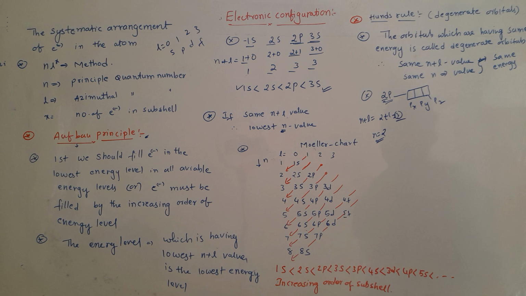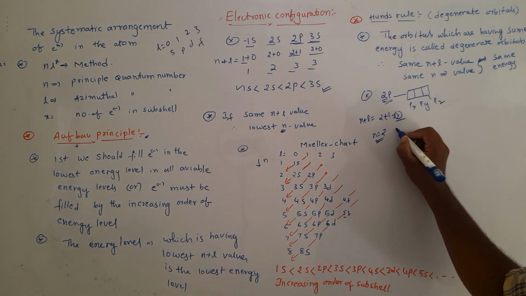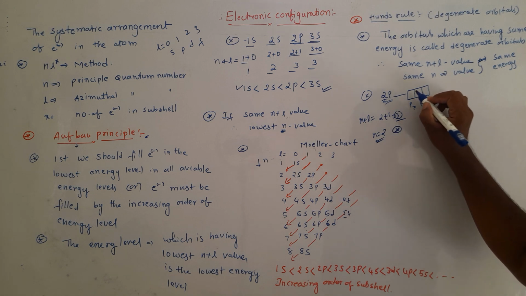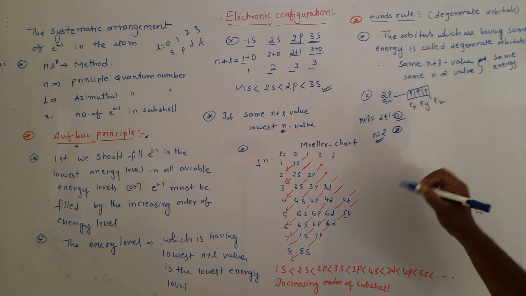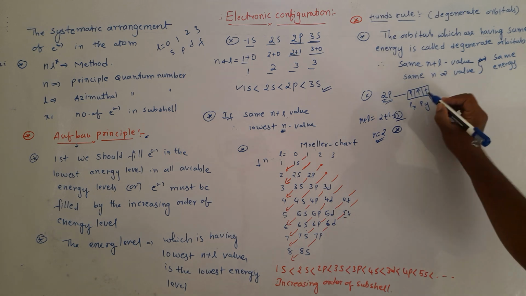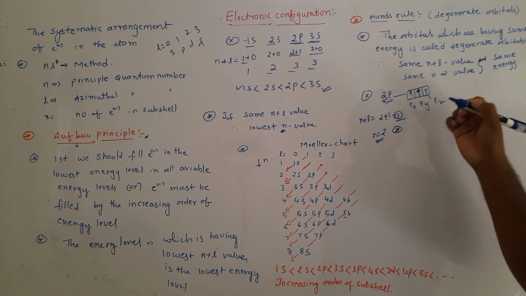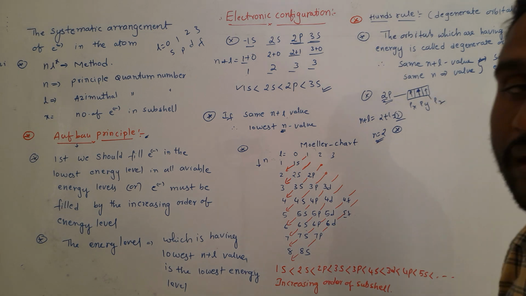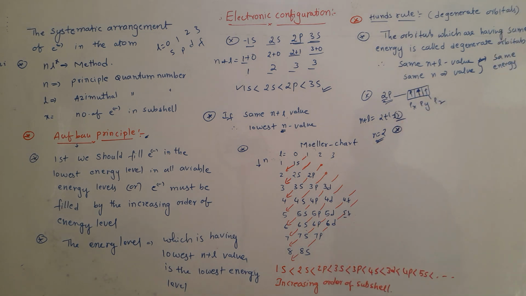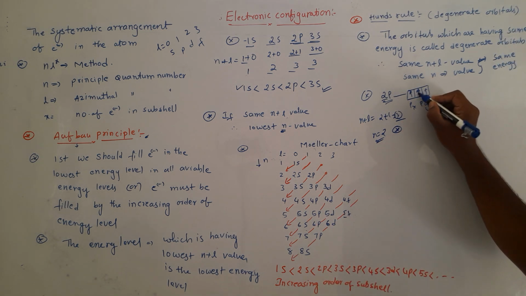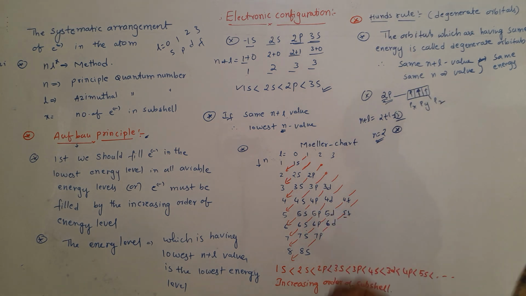So in the degenerate orbitals, how to fill the electrons? In the degenerate orbitals, we need to fill 1 electron only in each, up to all of them having 1 electron. After that, we should start pairing, and while filling the electrons they must have the same orientation.